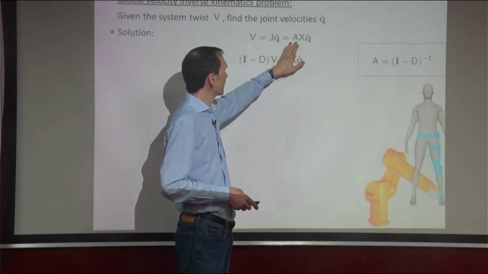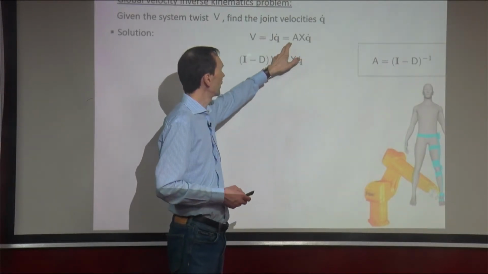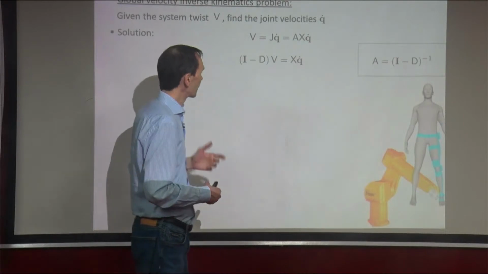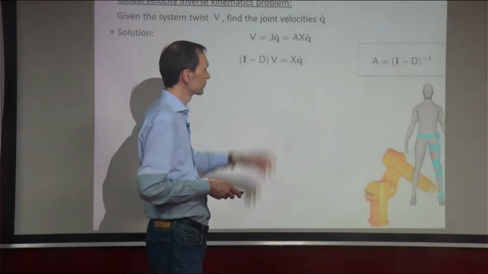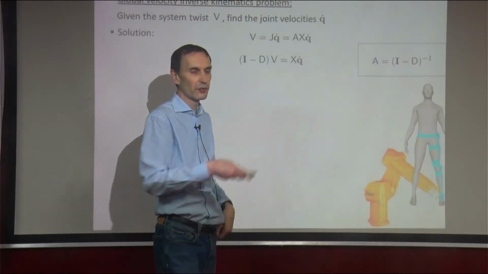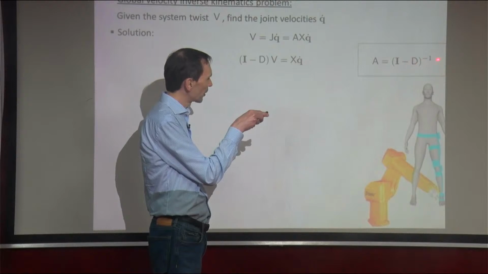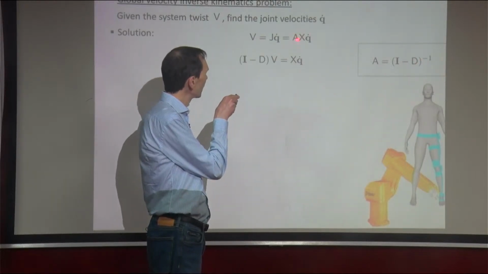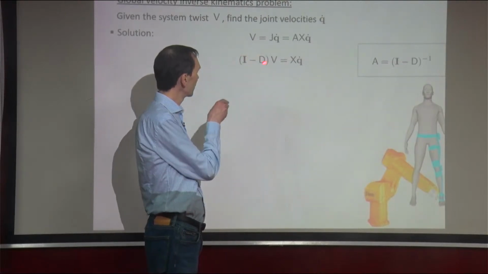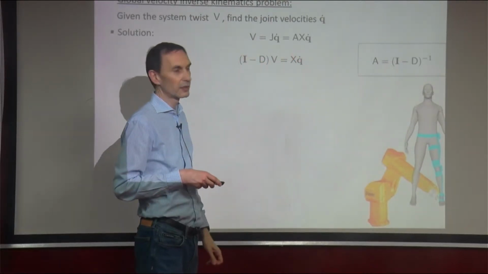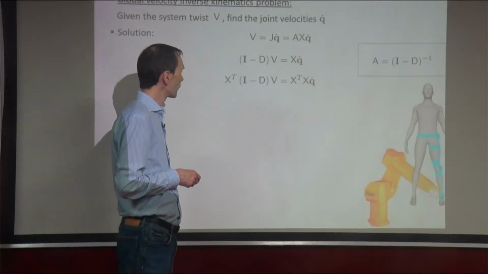Then we said we can factorize the Jacobian as A times X. And now comes the interesting thing: we know that the inverse of A is I minus D, and D was this funny matrix. So if I multiply this from the left with the inverse of A, I get the inverse of A times the system twist, which is equal to X times q dot.